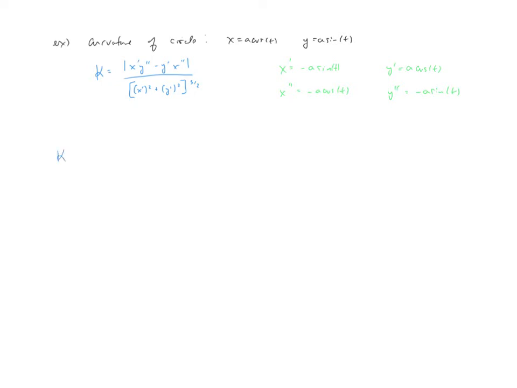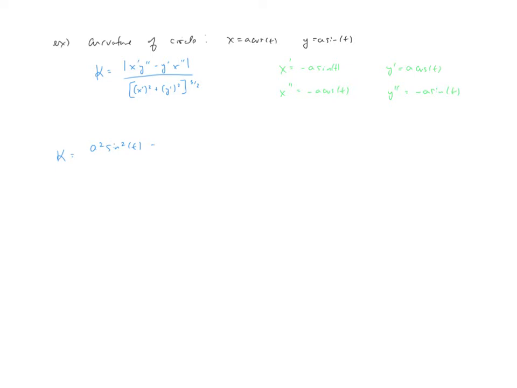So kappa is going to equal my x prime y double prime, this guy here and this guy here would give me an a squared sine squared t, minus, and then y prime x double prime would be an a squared cosine squared with that negative.